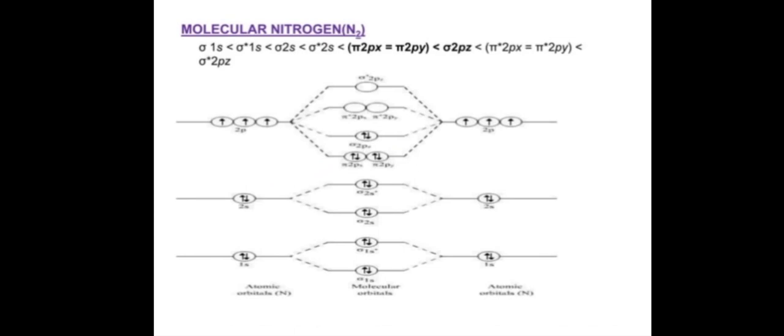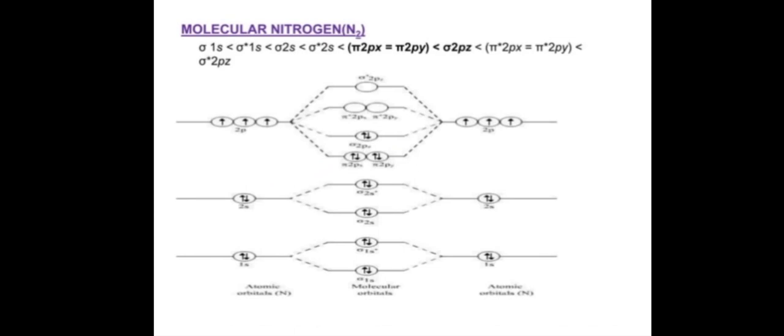And if you look at the molecular orbital diagram, or energy level diagram, of our nitrogen molecule, the atomic orbitals are combining. You see, the 1s orbital of one nitrogen atom combines with the 1s atomic orbital of another nitrogen atom, and gives rise to the formation of two new molecular orbitals, sigma 1s and sigma star 1s.